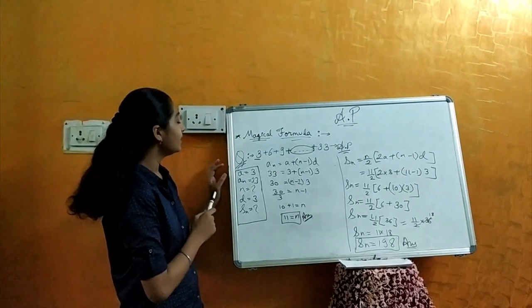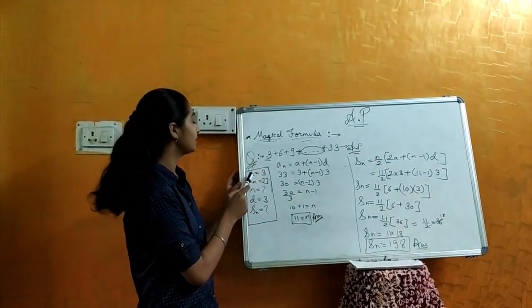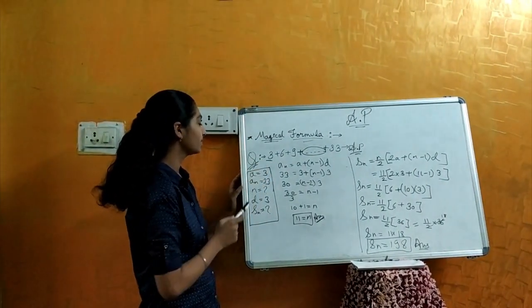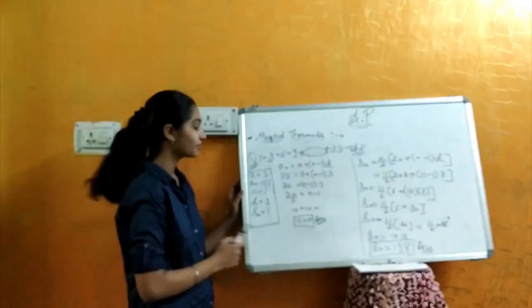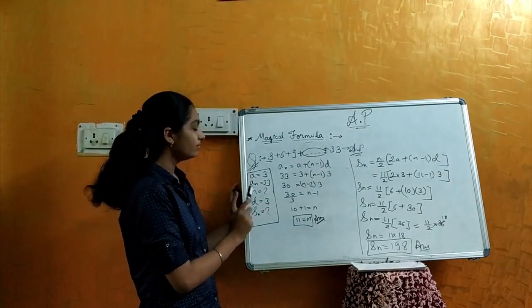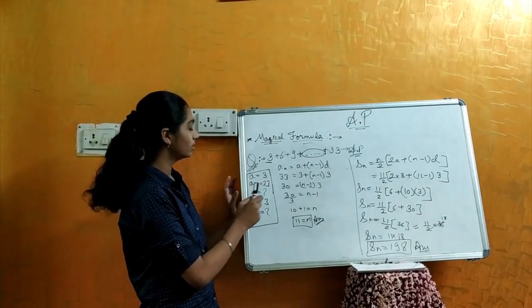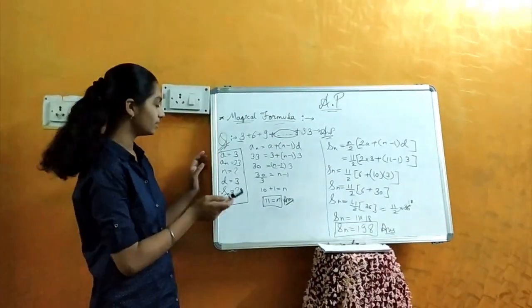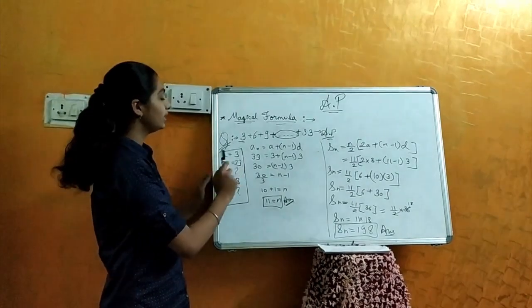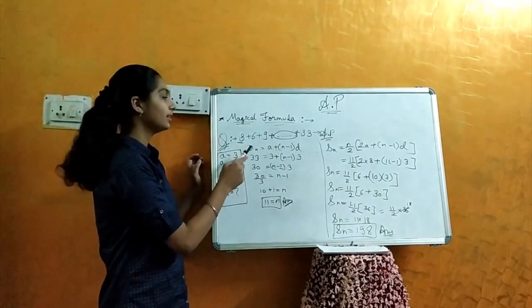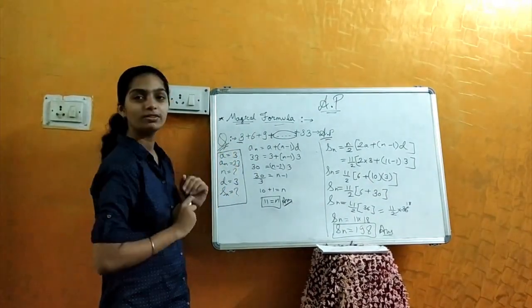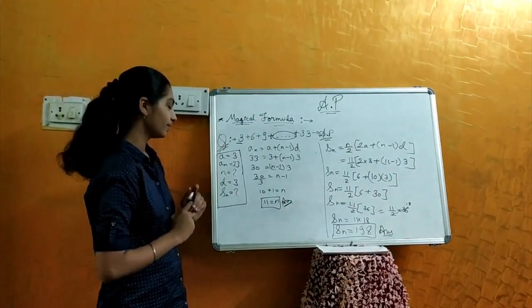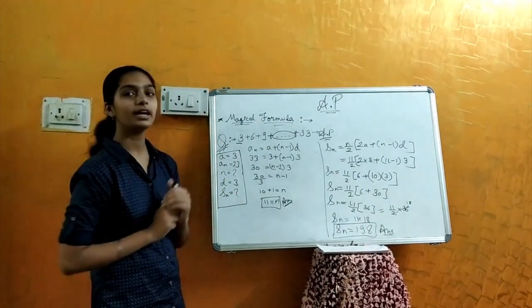Now we find 3 means a, that is 3, an, that is 33, and we haven't found n because it is not given here, as some terms are missing, right? So what about d? a2 minus a1, 6 minus 3, what do we get? 3.